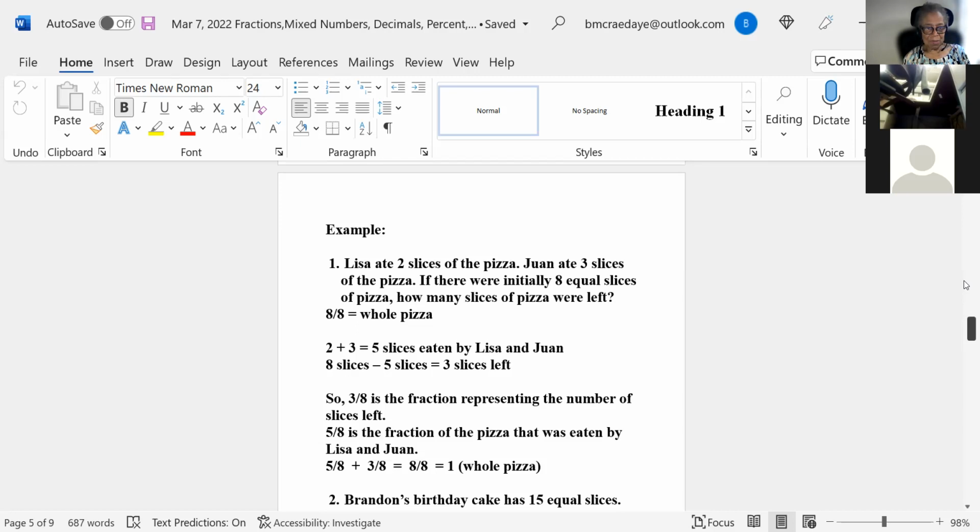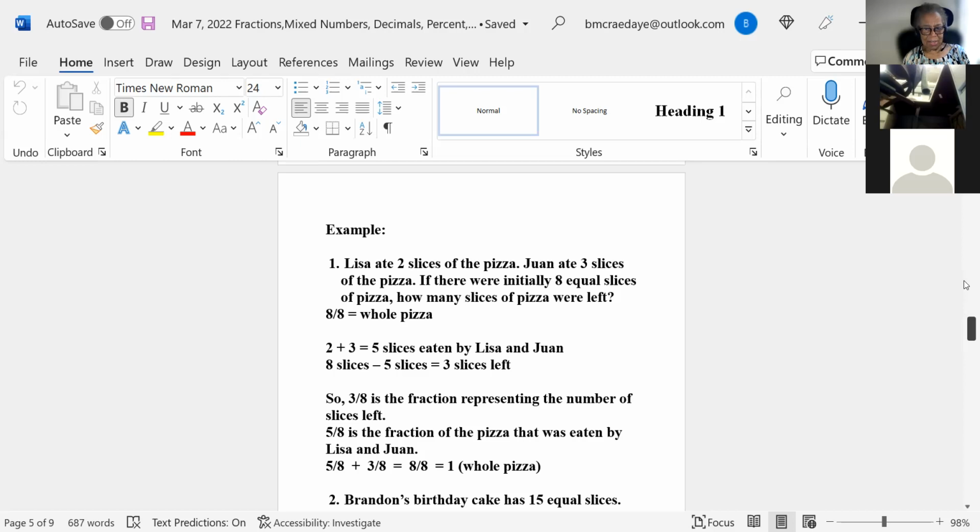John ate 3 slices of pizza. If there were initially 8 slices of pizza, how many slices of pizza were left? So you have 8 equal slices.